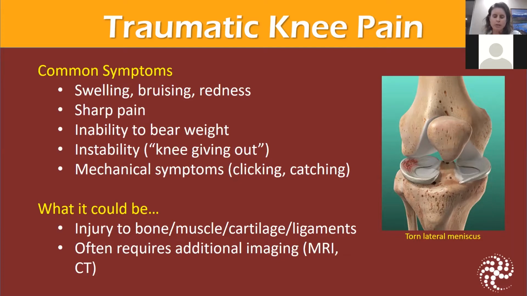You can knock off a piece of cartilage in your joint, ligament injury, or sometimes a muscle injury, although that's not as common. And then this often requires additional imaging. Usually an MRI, sometimes a CT scan for fractures or other more rare situations, but generally it's an MRI if you're coming to see me.